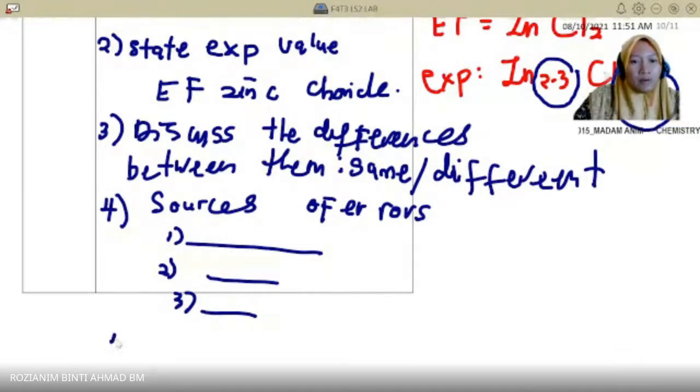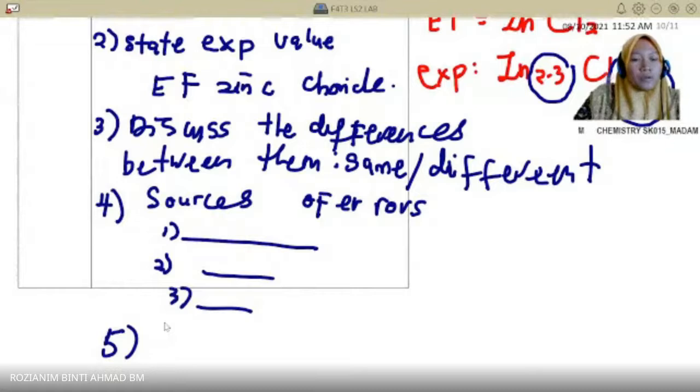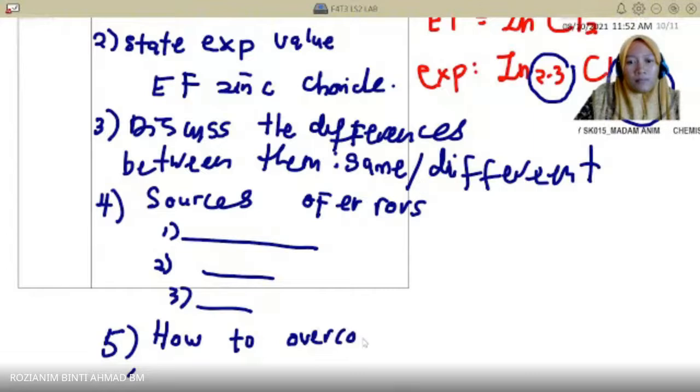Okay. Nombor 5. Okay. Inside the discussion area, kita dah nyatakan punca masalah eksperimen. Kenapa tak sama dengan teori? So nombor 5, kita kena terangkan precaution step. Maksudnya, how to overcome the errors.